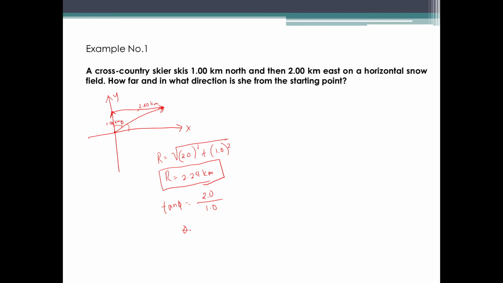So, phi is arc tangent of 2 over 1. So, you get the phi.